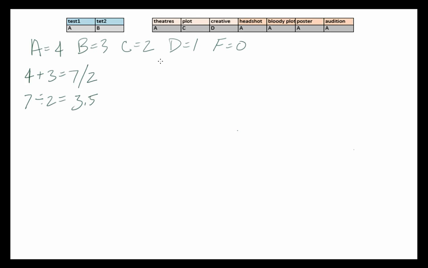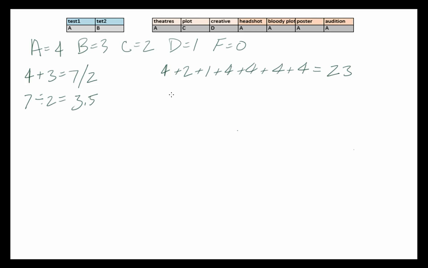I'm going to go over here to my assignments, and I'm going to add up all these points. So I have a 4, I have a 2, I have a 1, and then 4, 4, 4, and 4. Add all that up, and that's going to give me 23.